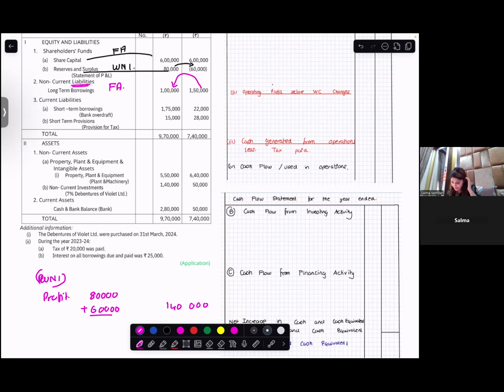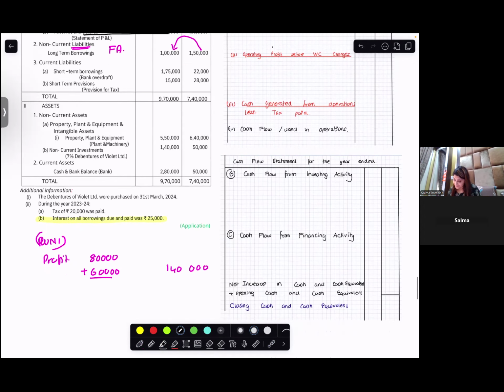Go and read some other information if there is anything related to long-term borrowings. There is an interest on the borrowings that is due and paid. Before I discuss this interest on borrowings, I would first go and write in my financing activity, payment of long-term borrowings.